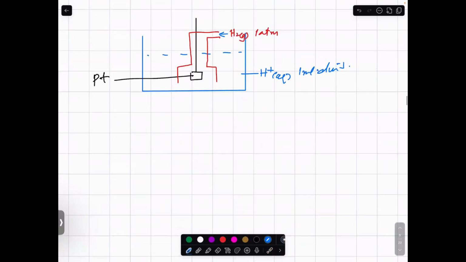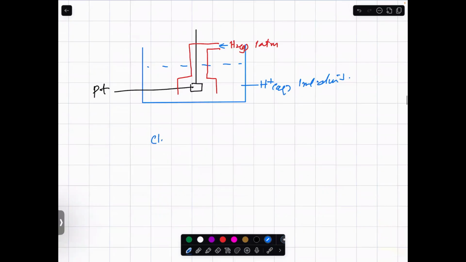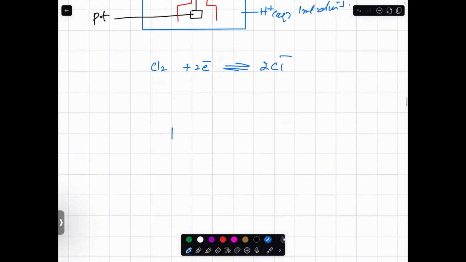Now, if I ask you how you will draw for chlorine, Cl2 gain 2 electrons, 2 chloride. This is your container. This is platinum.